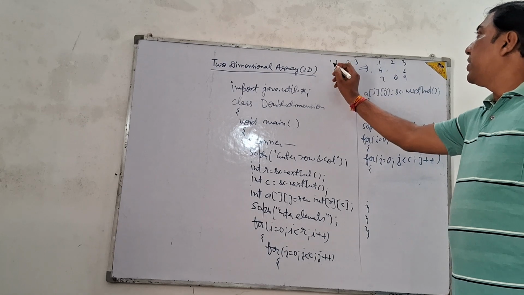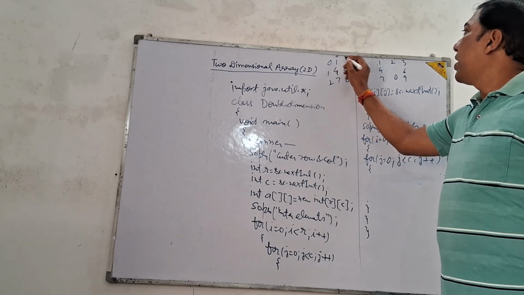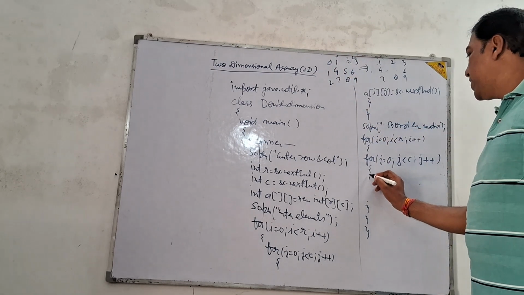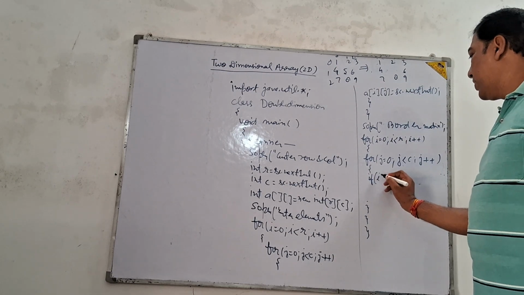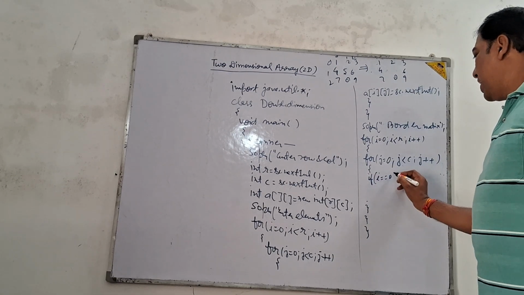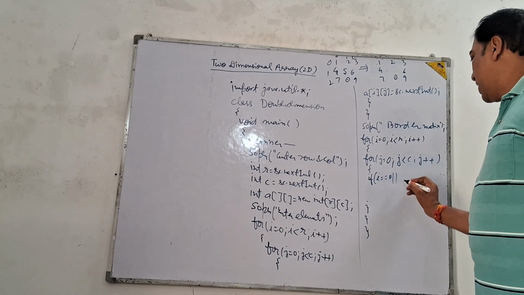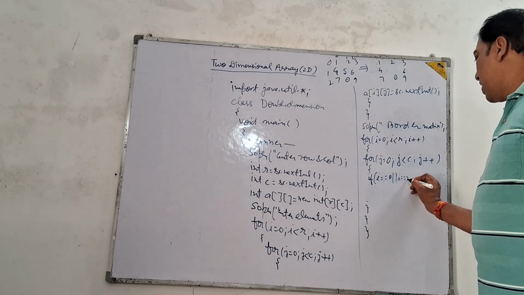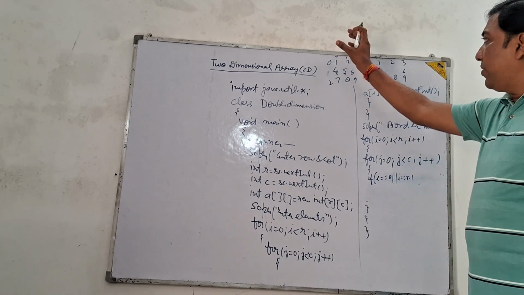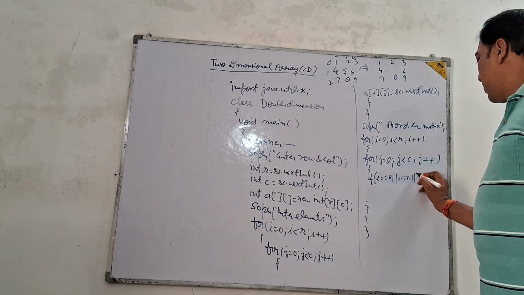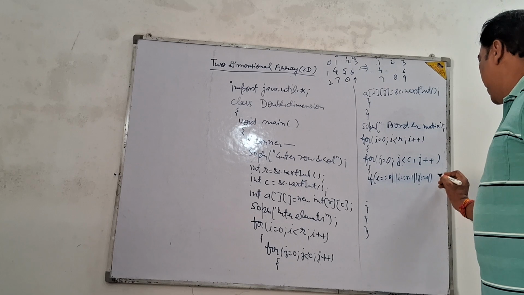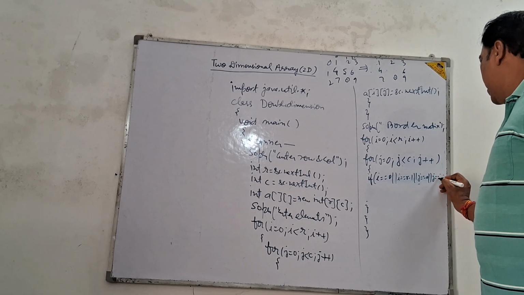Top row means row number is 0. So the element on the top row means i equal to 0. The element on the last row means i is R minus 1. The element on the first column means j is equal to 0. And the element at the last column means j is equal to C minus 1.